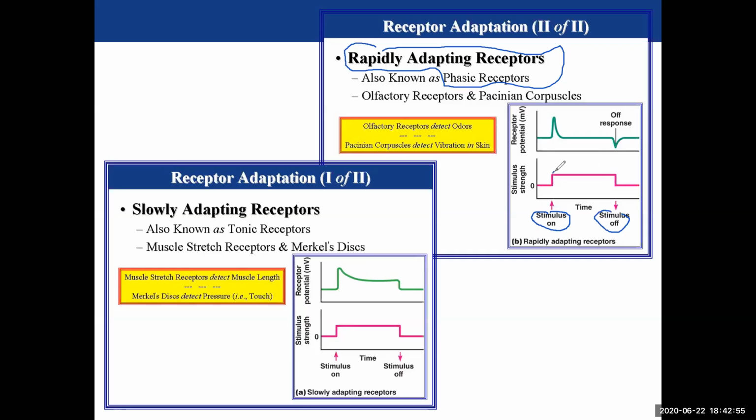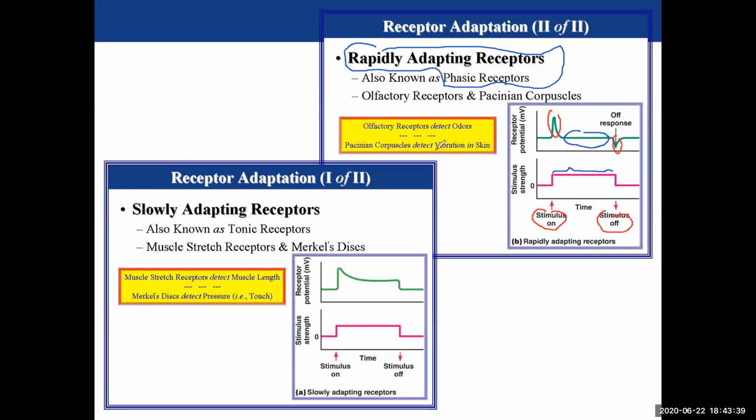For the remaining period where the stimulus is present, they don't respond. You see the flat line right there, right? So they respond only at the beginning of the stimulus and only at the end of the stimulus. But throughout the rest of the duration of that stimulus, it's a baseline, so they ignore it. And we call that rapidly adapting receptors.